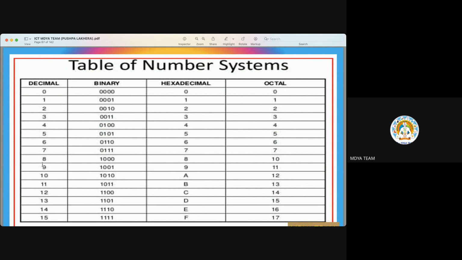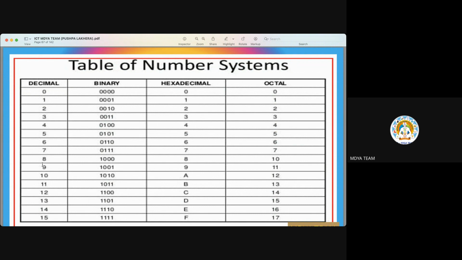Now 1 is represented in the binary system as 0001. 2 is represented by this, 3 is represented by this, and so on. The final one, with 4 bits, the maximum number is 1111, which is the representation of decimal 15. How we can convert decimal to binary, we'll see afterwards.